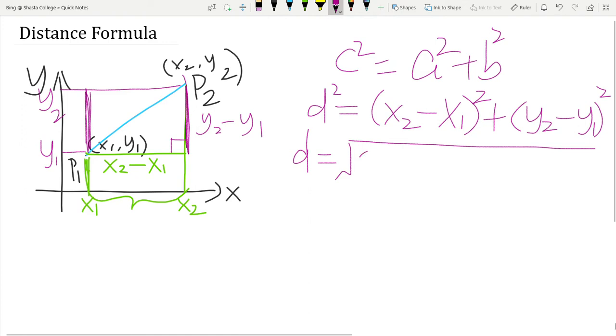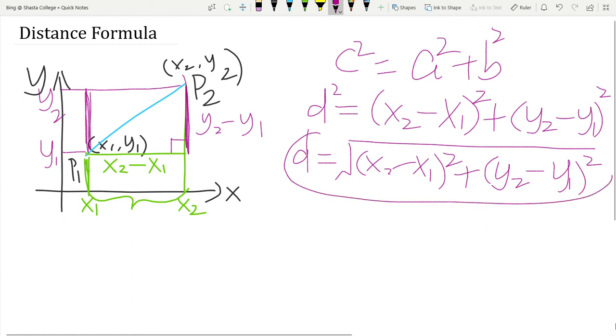Square root of x2 minus x1 squared plus y2 minus y1 squared. Okay, so here, this is the distance formula.